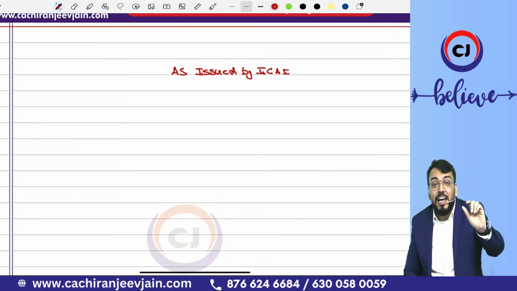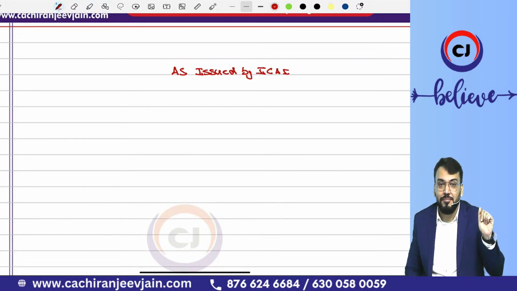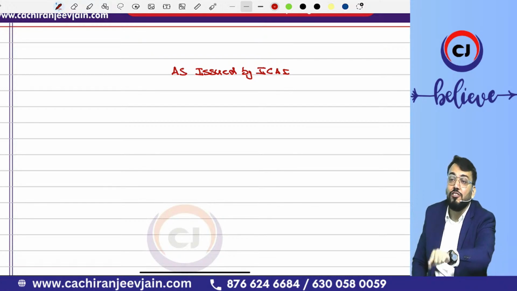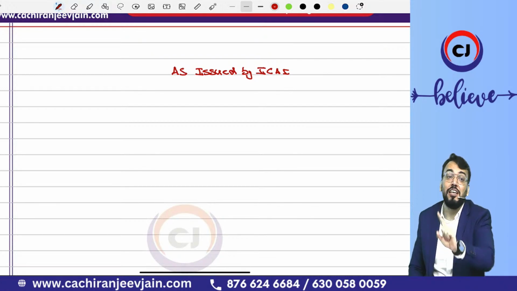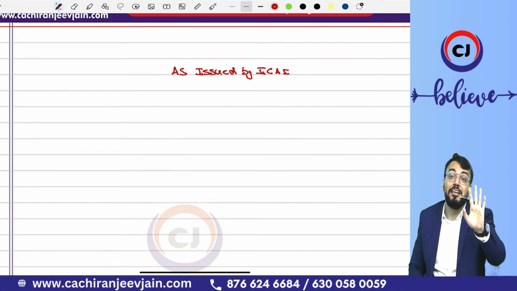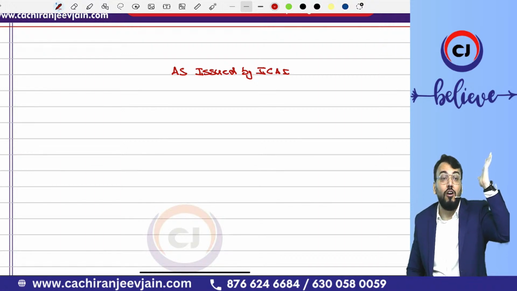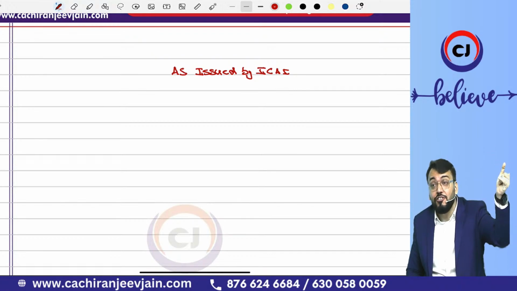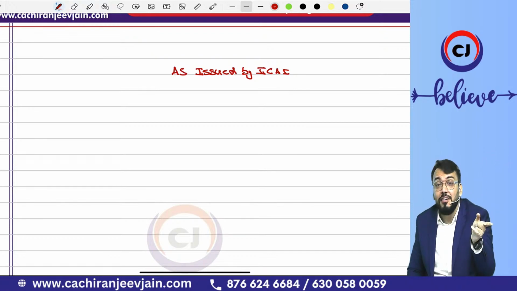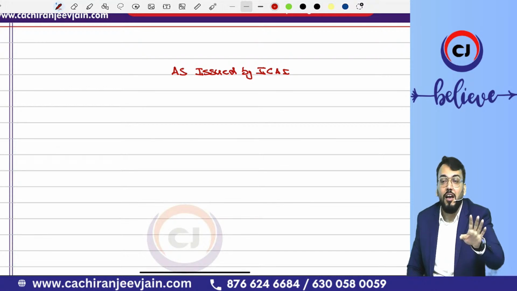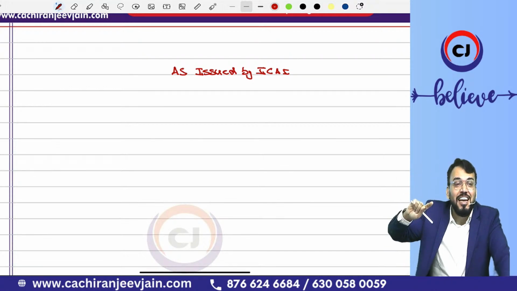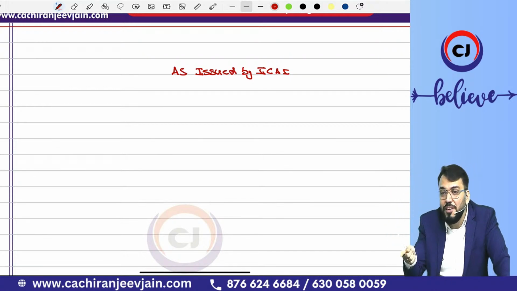Now under the Companies Act before 2006, our new act is the 2013 Companies Act. Before this there was the Companies Act 1956. Oh my god, 1956 to 2013, how many years? In 1956, India was a closed economy or an open economy?